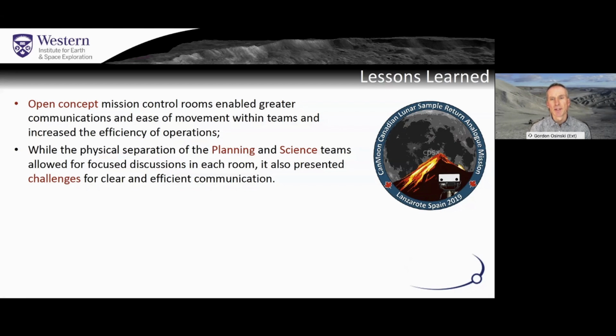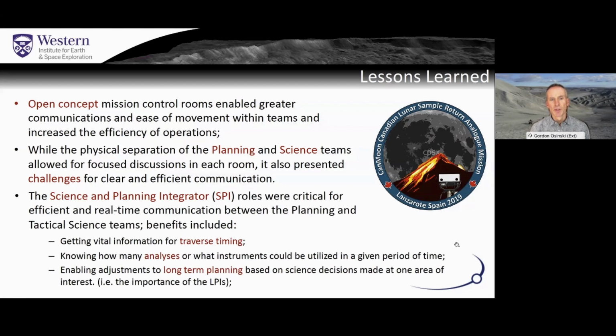So next slide, please. One of the things we found out, we actually added this role very early on, not really knowing how critical it would end up being: the science and planning integrator role. We found very quickly that this person became absolutely critical for efficient and real-time communications between the planning, tactical, and the different science teams.